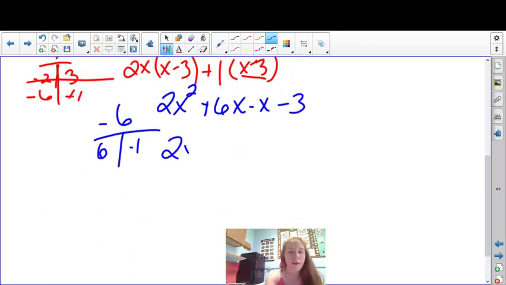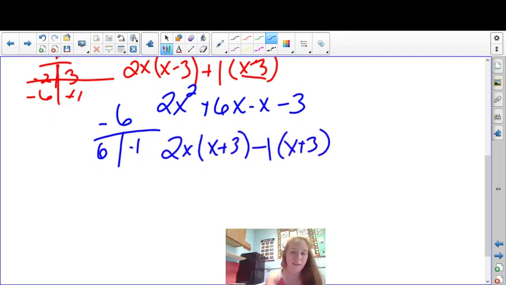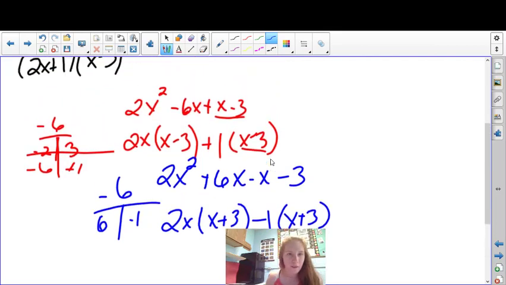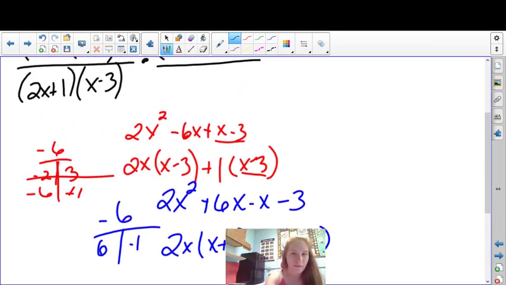I can take out a 2x, and I'm left with x plus 3. Leave a little space, x plus 3. This time I have to take out a negative 1. So I have 2x minus 1 and x plus 3.